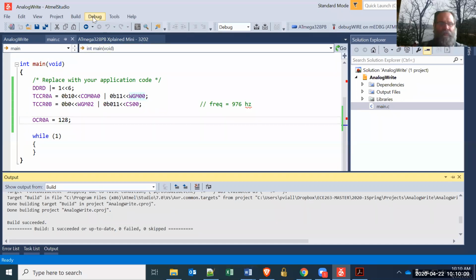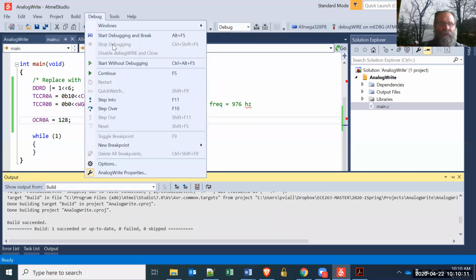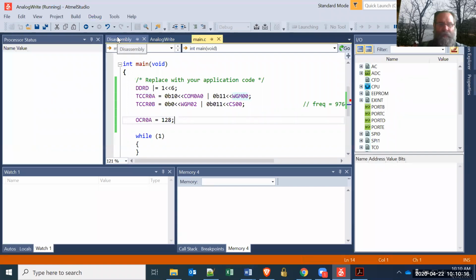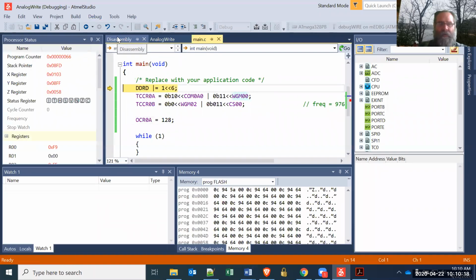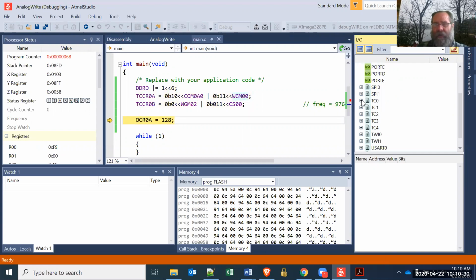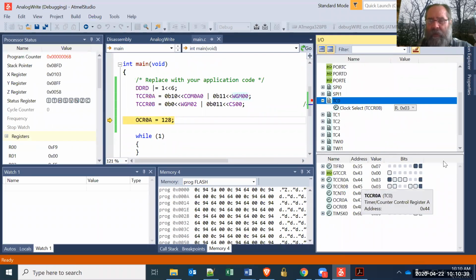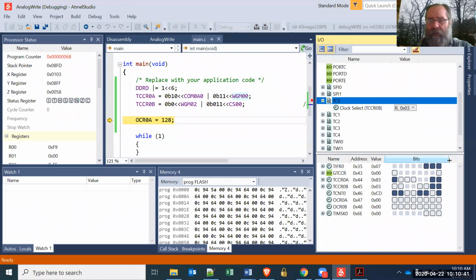So we debugging and break. All right, I guess in the interest of debugging, I'm going to go over to my timer and look at the bits.